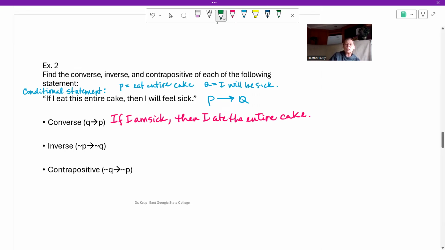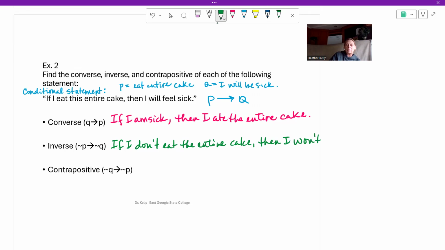The inverse, not P, then not Q. If I don't eat the entire cake, then I won't be sick.